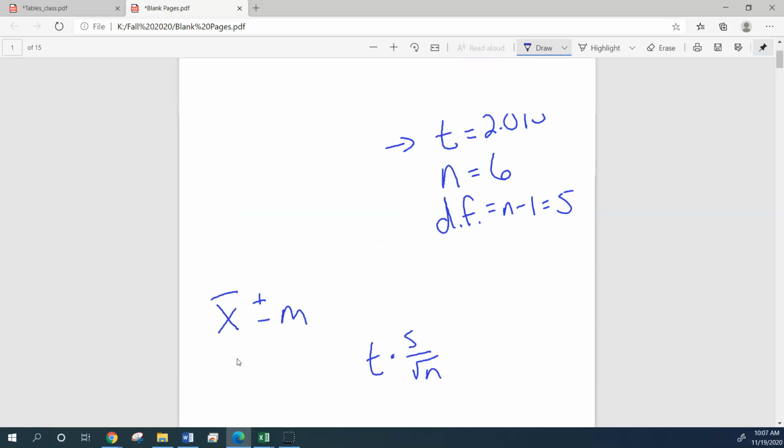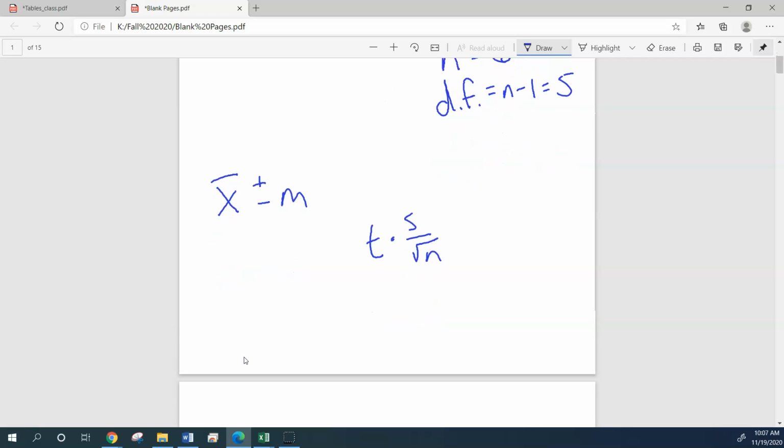So in this case, our t is 2.015, our standard deviation was 0.87, and our n was 6, so the square root of 6. Whenever we do this calculation, our margin of error should be 0.72 if we round to 2 decimal places.